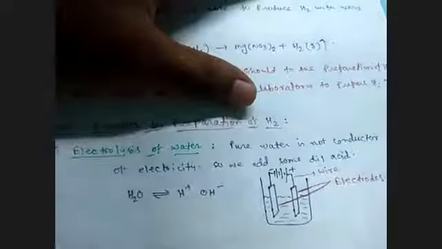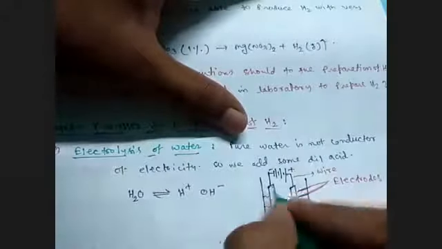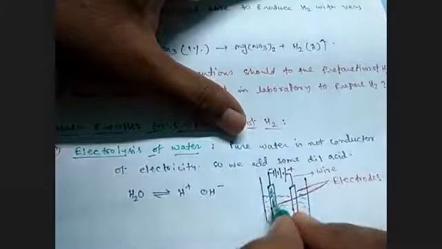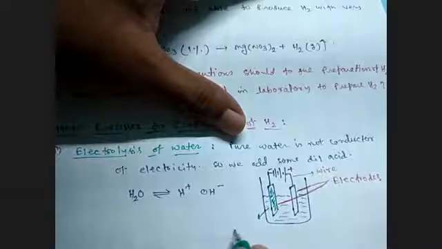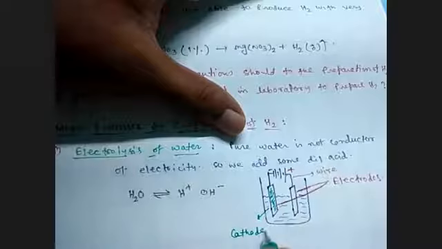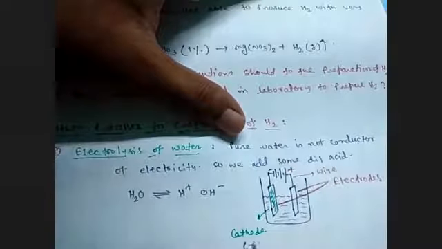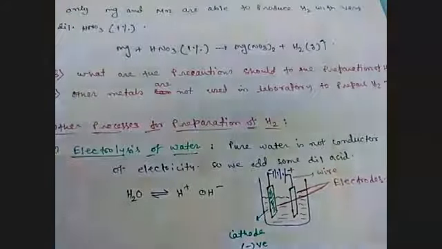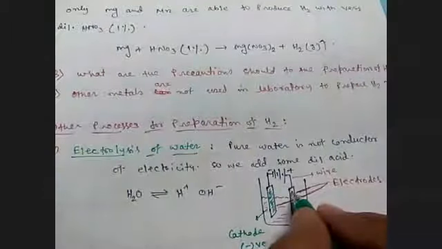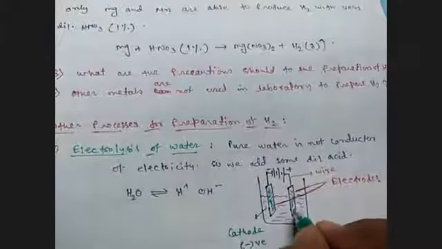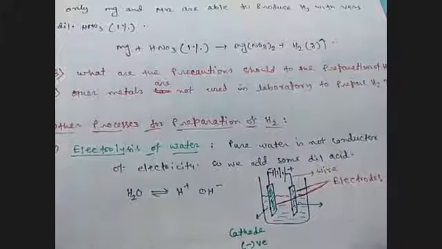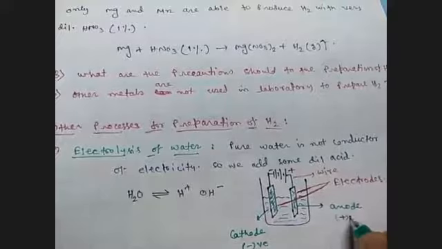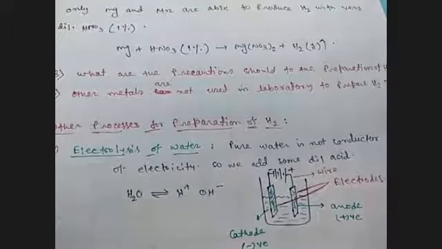Now remember, the electrode attached with the negative end of the battery is called the cathode, and it is negatively charged. The electrode attached with the positive end of the battery is called the anode, and as it is the positive end of the battery, it is positively charged.